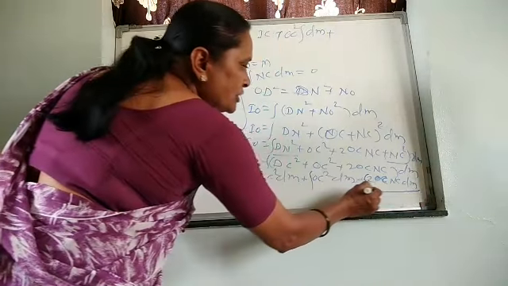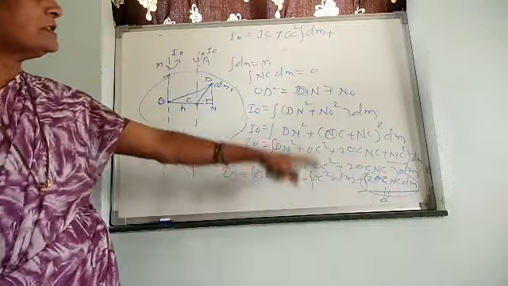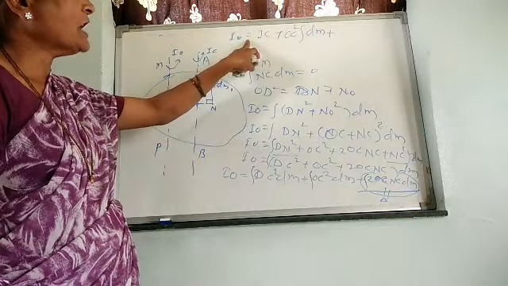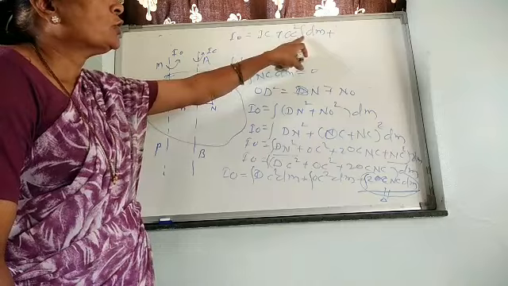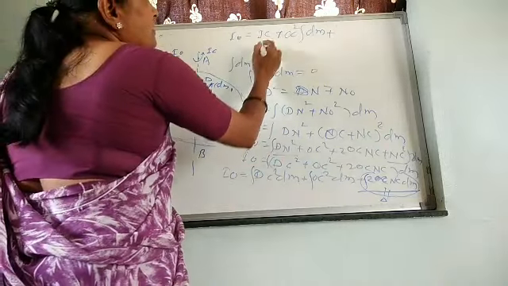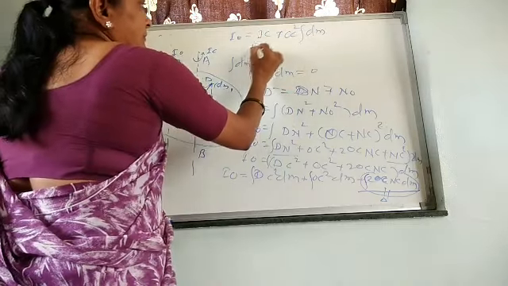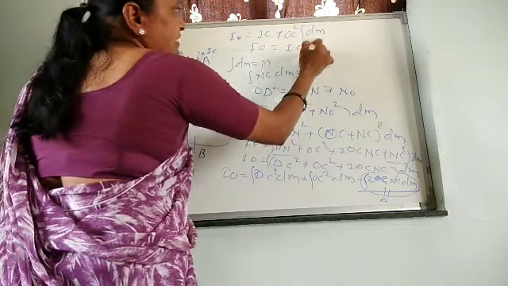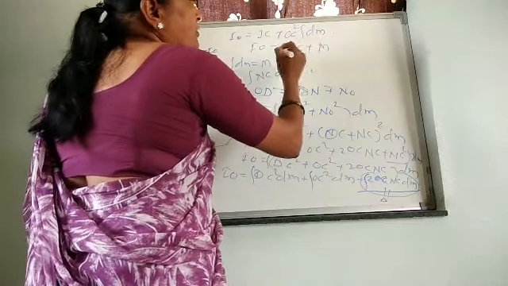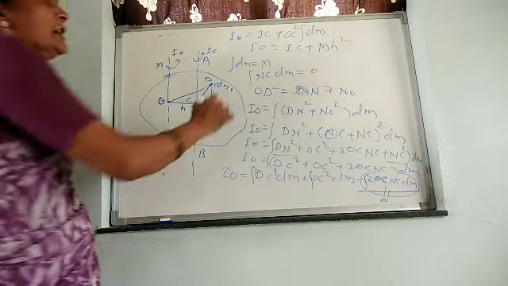As integral NC into dm is equal to 0, this whole term becomes 0. As this term will be 0, our equation will be IO is equal to IC plus OC square integral dm. Integral dm is equal to capital M, and OC square is equal to h square. That means IO is equal to IC plus M h square.